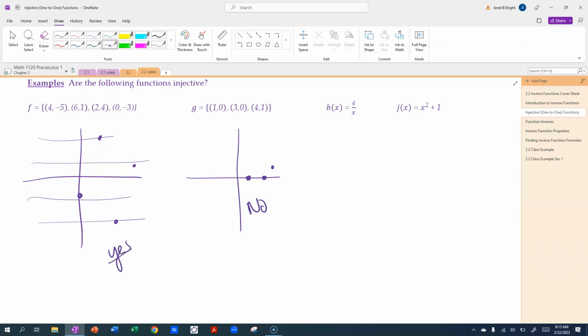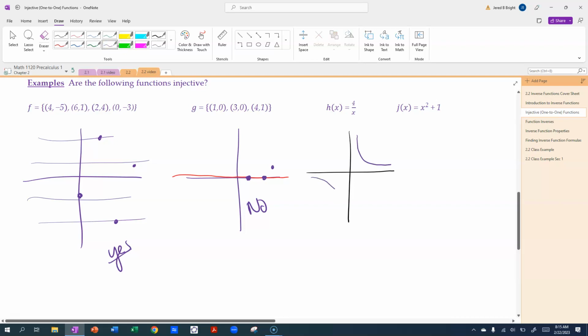Right, because I can take a horizontal line through y equal to 0, and it's going to intersect twice. For 4 over x, I might need to do a little more work to understand what that looks like, maybe put it in a graphing utility. More or less it looks like something like this. We have a piece here, and we'd have a piece here.